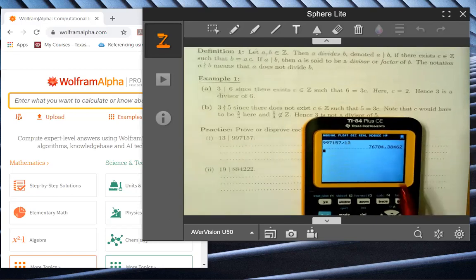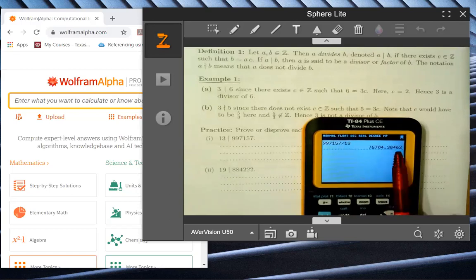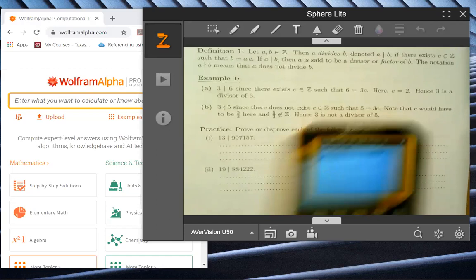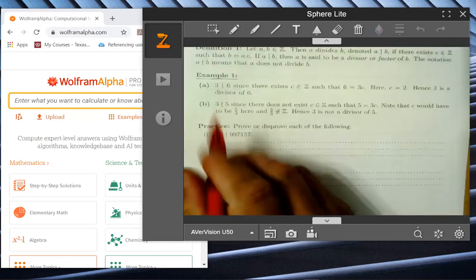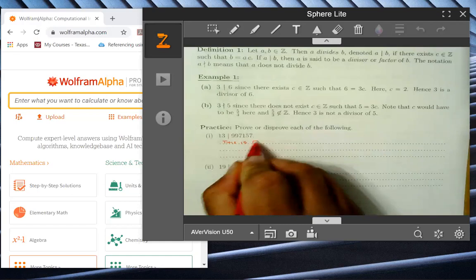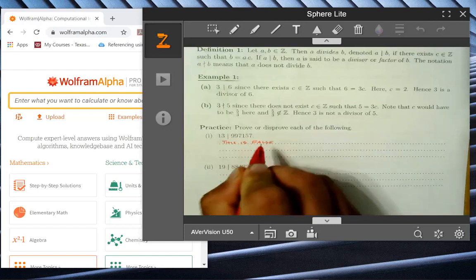Notice that we have this decimal at the end. So we know that 13 does not divide 997,157. But how are we going to write this information? How are we going to show this? We'd say that this is false.